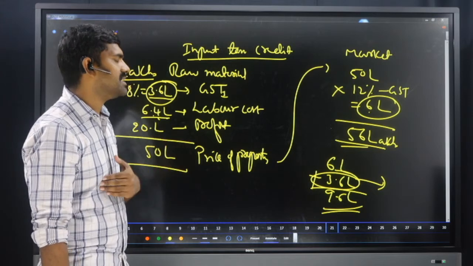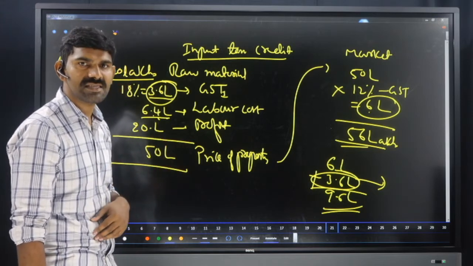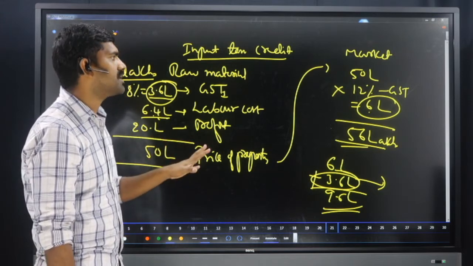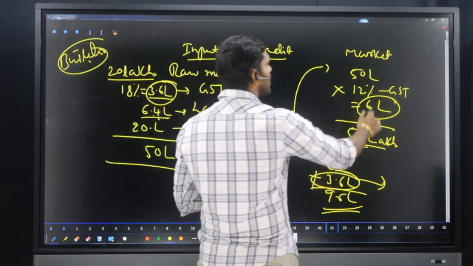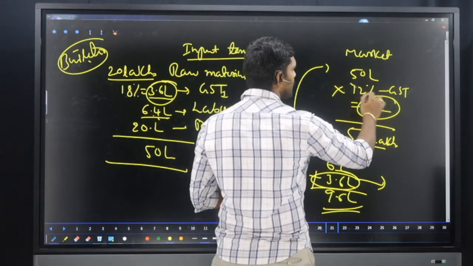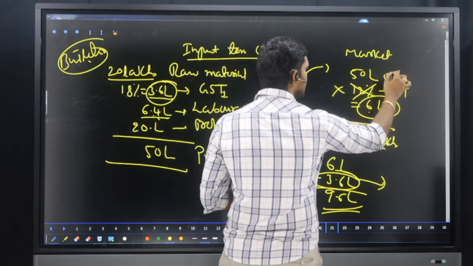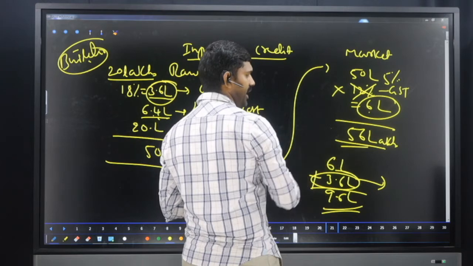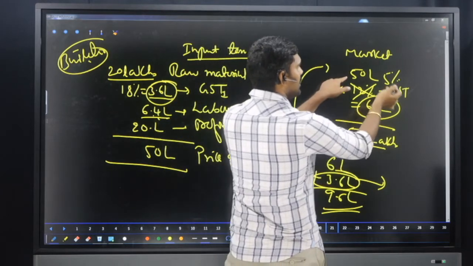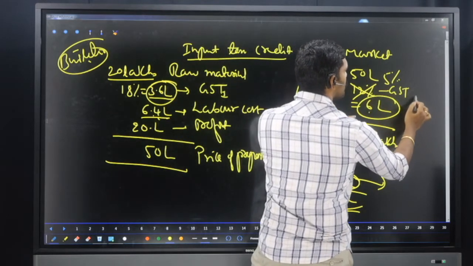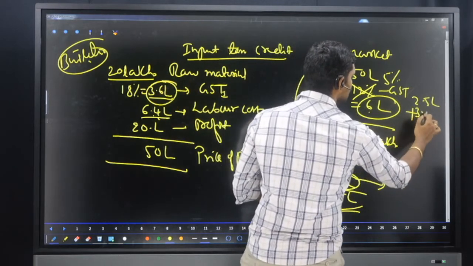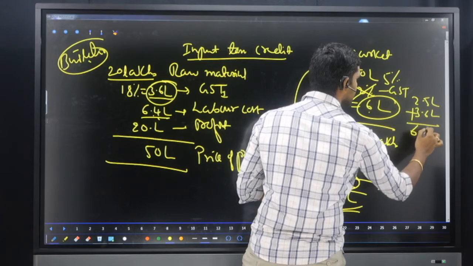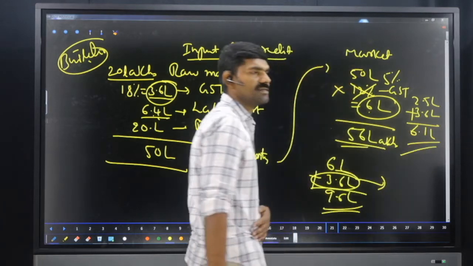As the customer is at a disadvantage, government thought that I will remove that. Government said that I'll reduce this 12 percentage to 5 percentage and I'll not give anything back. Means 5% of 50 lakhs is 2.5 lakh, plus the 3.6 lakhs he paid here. 6.1 lakh is the GST paid by the customer.